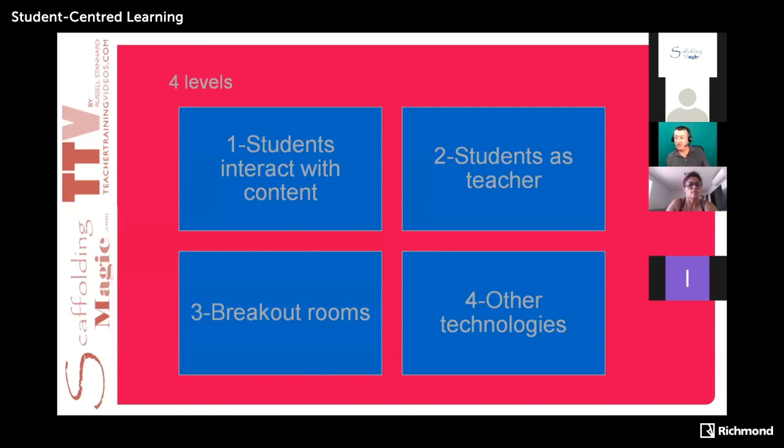Much more interesting is if you take a step back and get the students to screen share something. They can be working with your technology. It doesn't matter, because you can have something on the screen and they can be giving the instructions to other students. So now it's the student as teacher. Now we're moving a bit further away, because you're not necessarily talking.